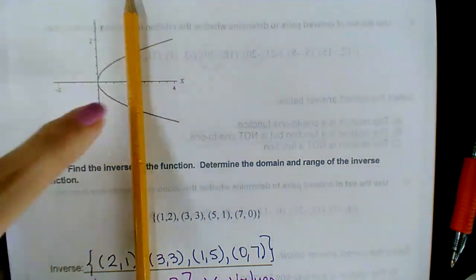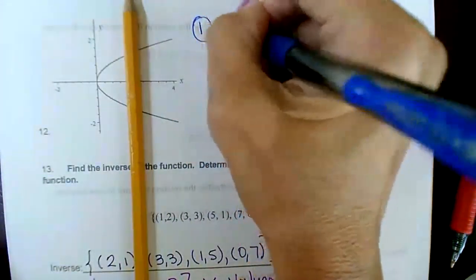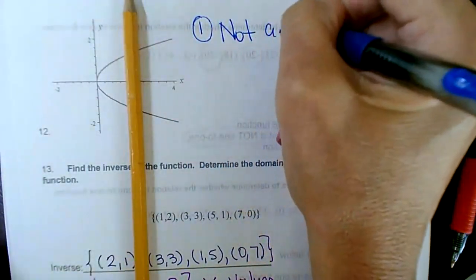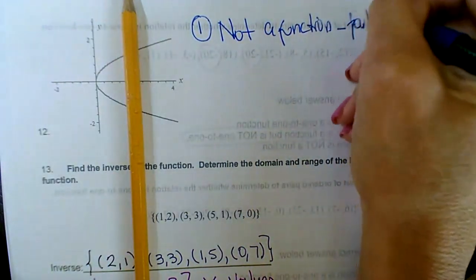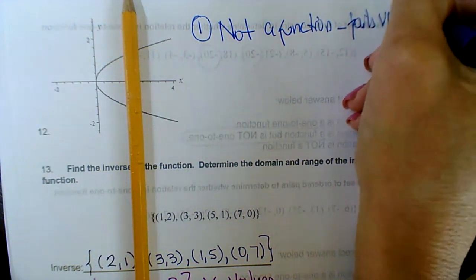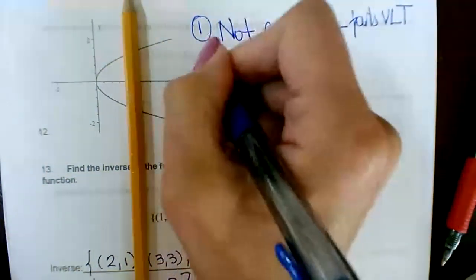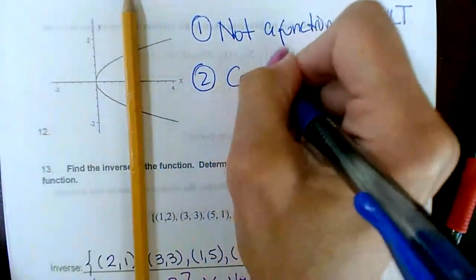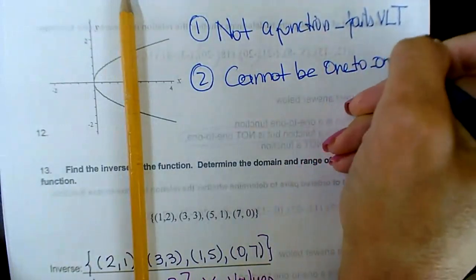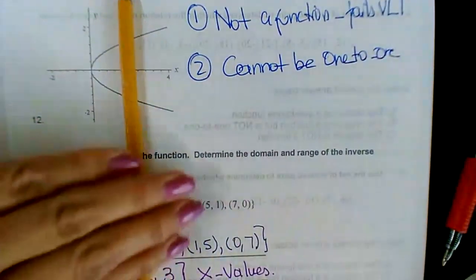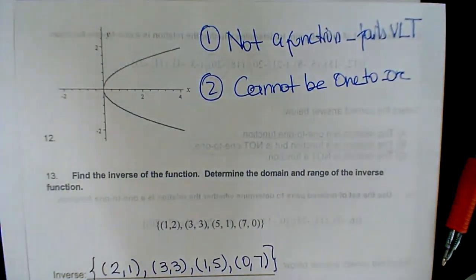Right away, it touches two places. So we're gonna write down not a function. Why? Because it fails the vertical line test. And if it's not a function, it cannot be a one-to-one. There's no way it's going to be a one-to-one. That's 12.